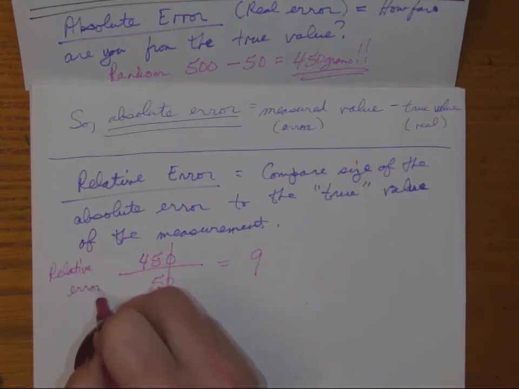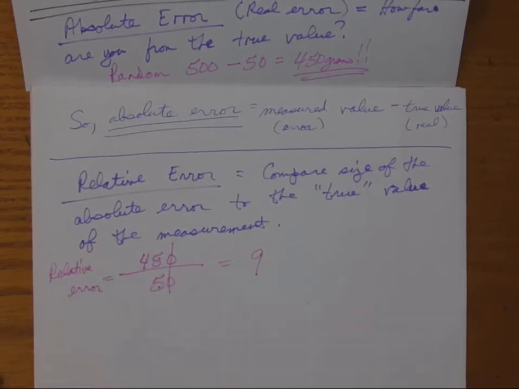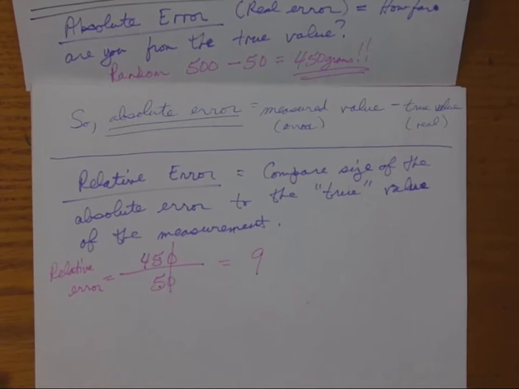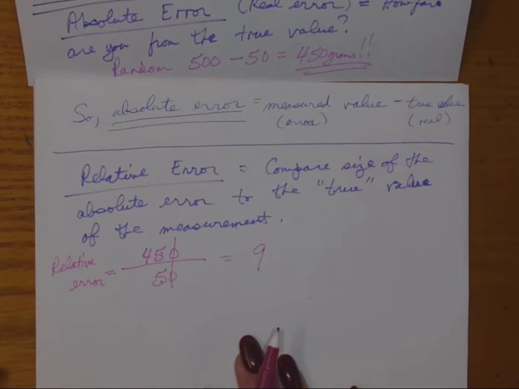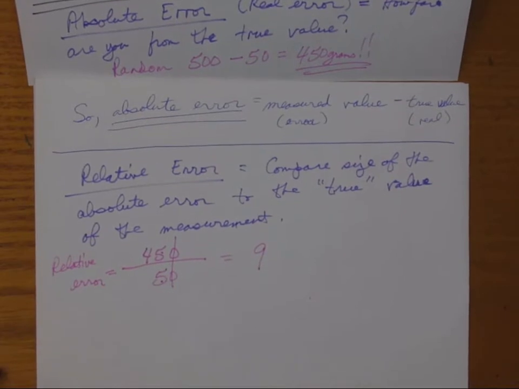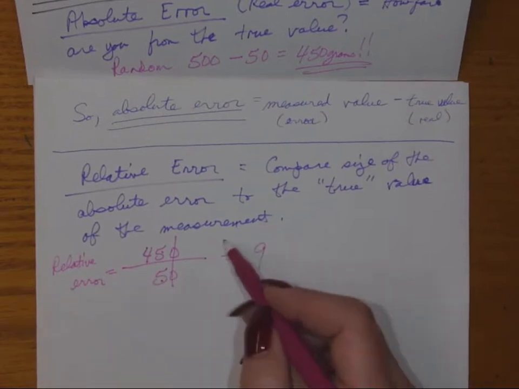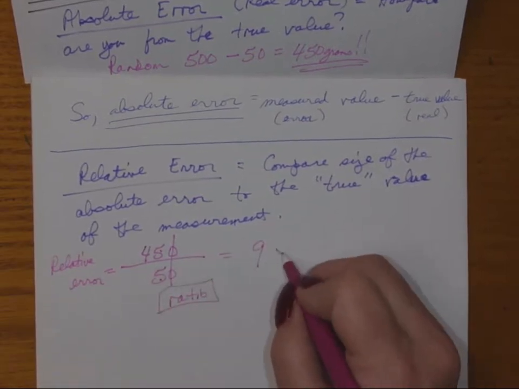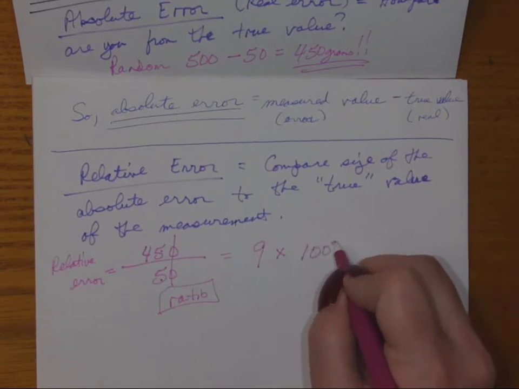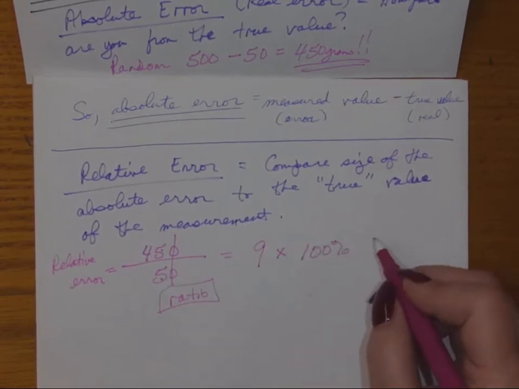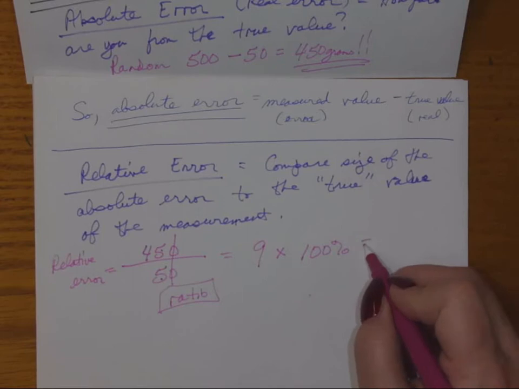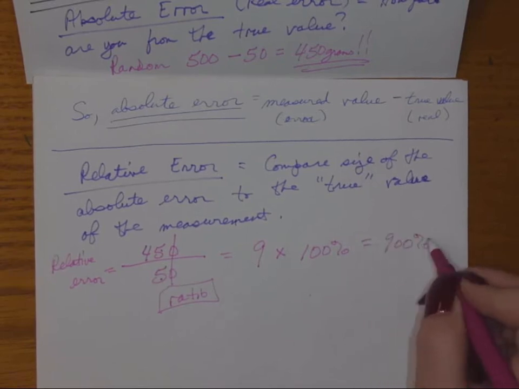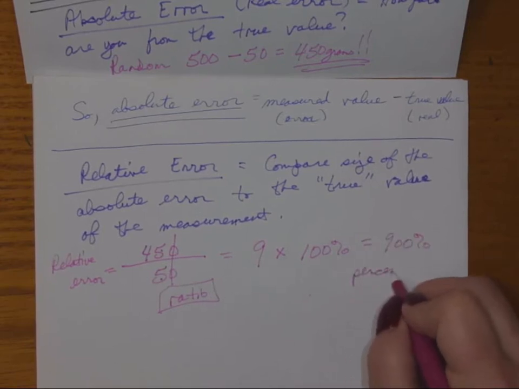Now this is a huge error, right? We knew it was bad. Okay, so now that's a ratio. This one happens to reduce nicely, which I picked nice numbers for. But what if I wanted to know how far off I am as a percentage? If I want to know how much that is as a percentage, I'll multiply by 100%. And I'll say we're off by 900%.